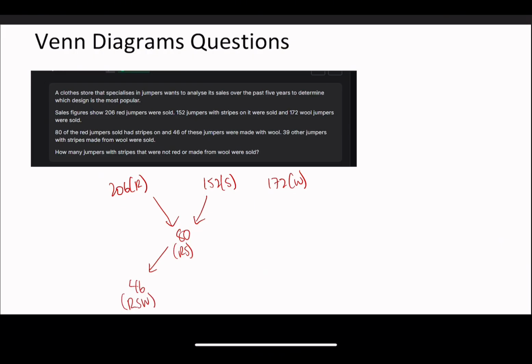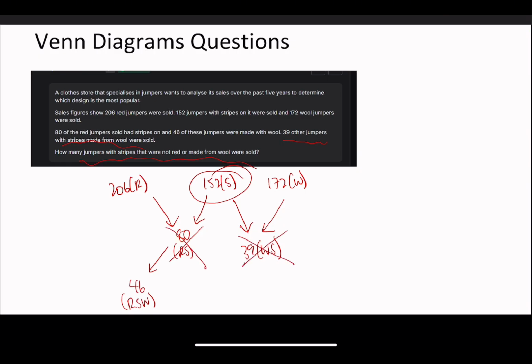Cool. 80 of the red jumpers, 39 other jumpers with stripes made from wool were sold. So 39, that's going to be wool and stripes. How many jumpers with stripes that were not red or made from wool were sold? So we don't want those two.